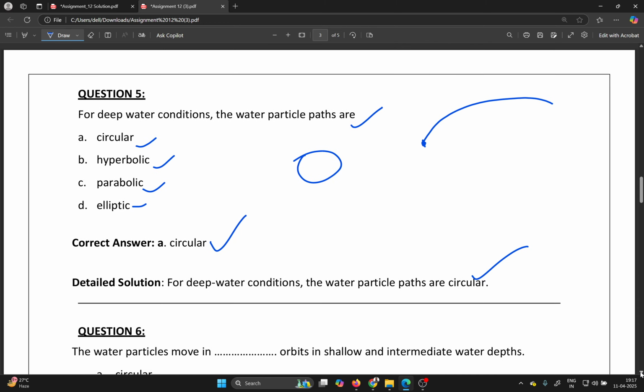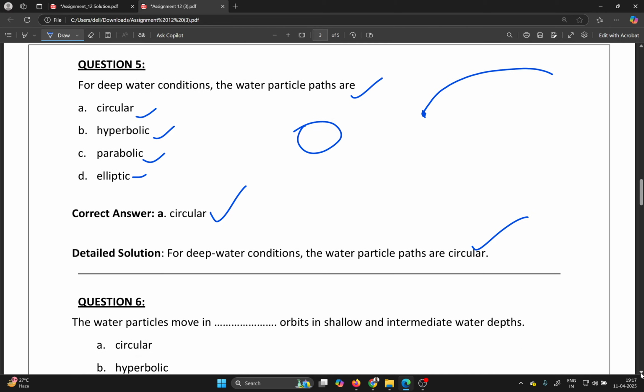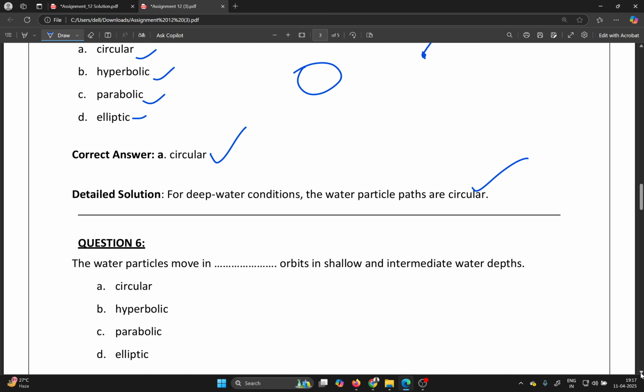Question number 6. The water particle moves in circular, hyperbolic, parabolic, or elliptic orbit in shallow and intermediate water depth. Which option will be correct?